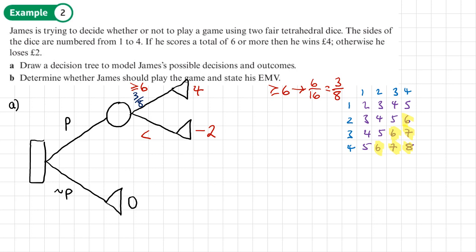So that means the probability of me losing, where it's less than 6, is going to be 5/8. Okay, so this is where I can now work out the expected monetary value. The way that we do that is we multiply the probability by the expected payoff and find the total of those.